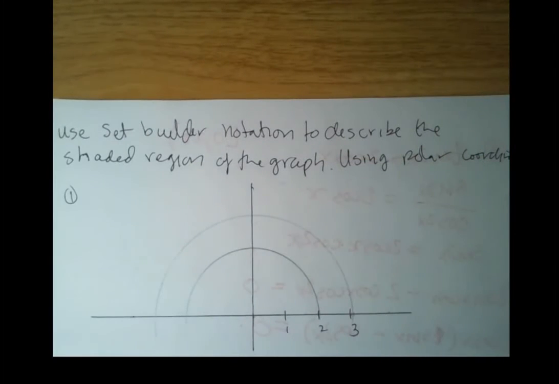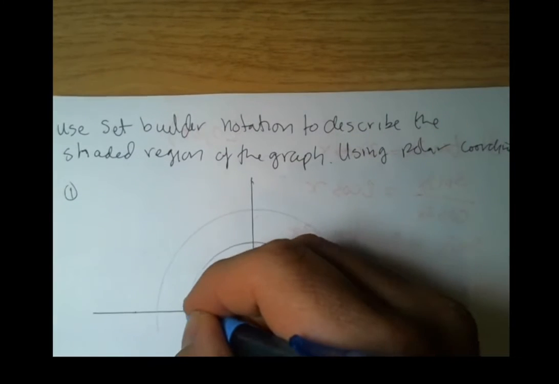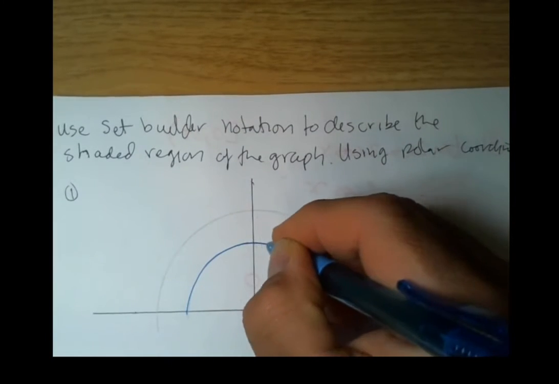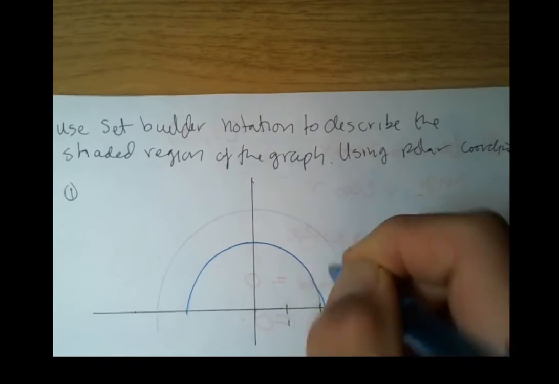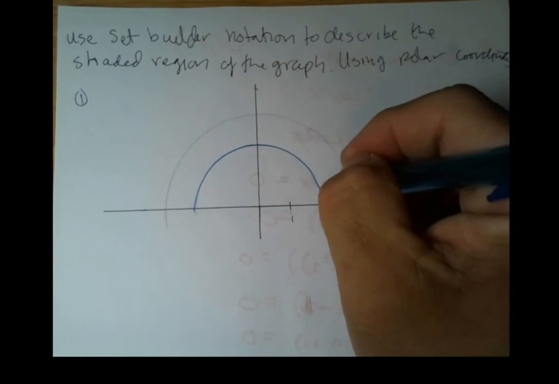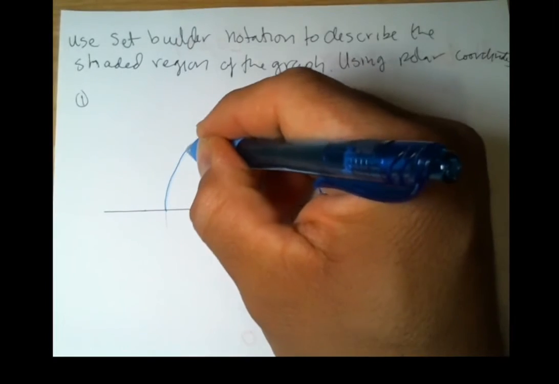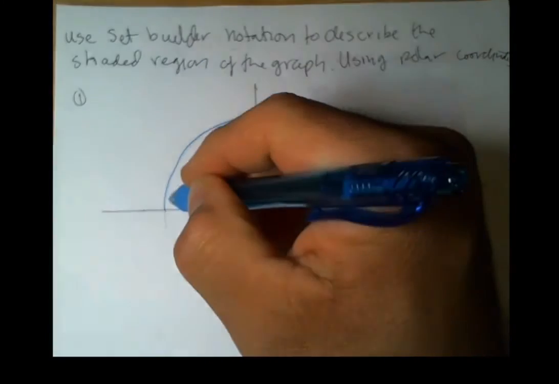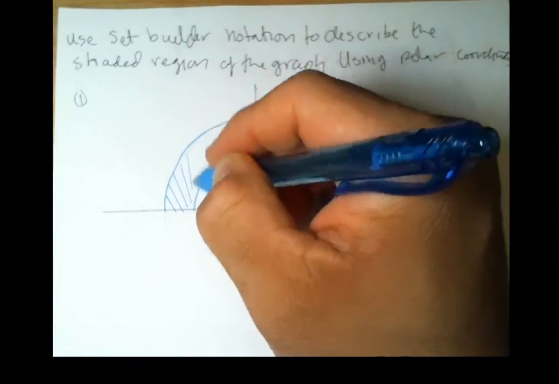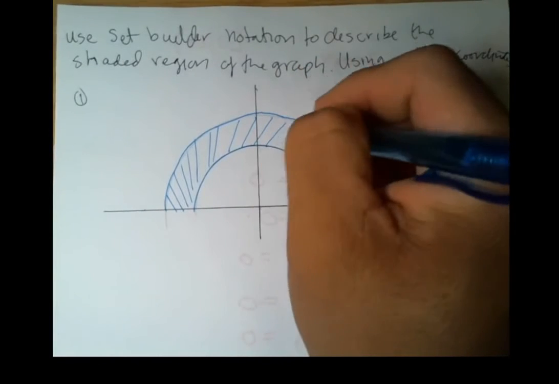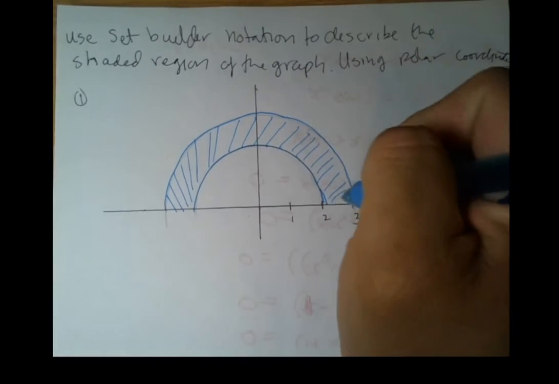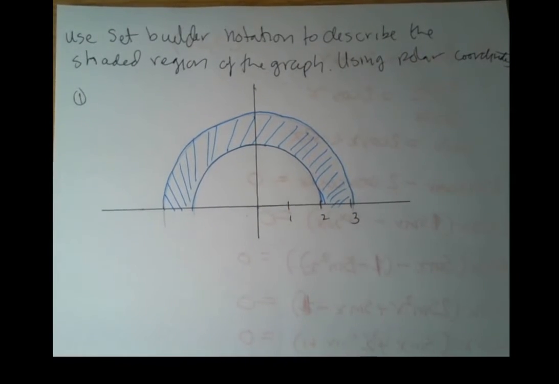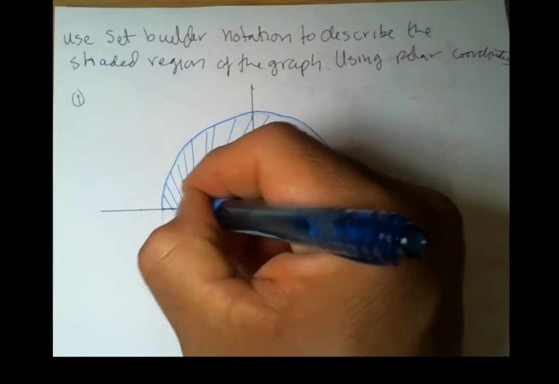We have some semicircles of radius 2 and radius 3, and we're looking to represent this area here, including the boundaries.